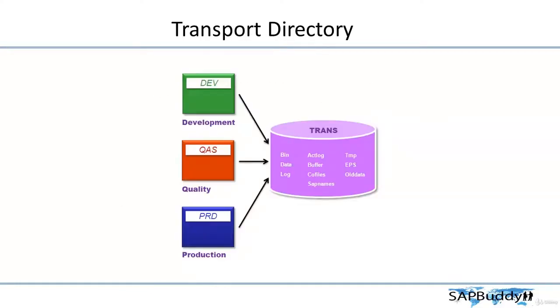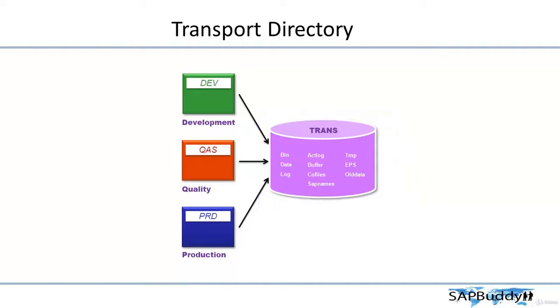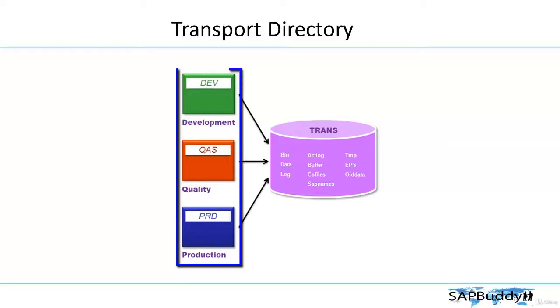So as we discussed, the transport directory is one common directory which is accessible for all the systems in the landscape. Right now, let us take a very simple example. Let's assume our system landscape is a 3-system landscape. You have a development system, quality system, and production system. Each has one client which needs to be connected.